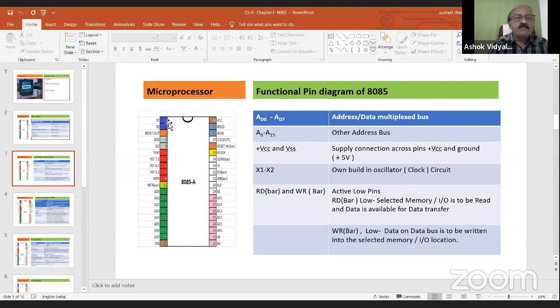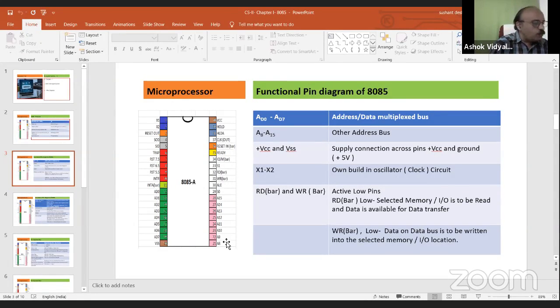In total there are 40 pins, 20 pins here and 20 pins here. If you see clearly, the numbering starts here with 1 to 20 and here 21 to 40. Now let's see what these different pins are and their functions.